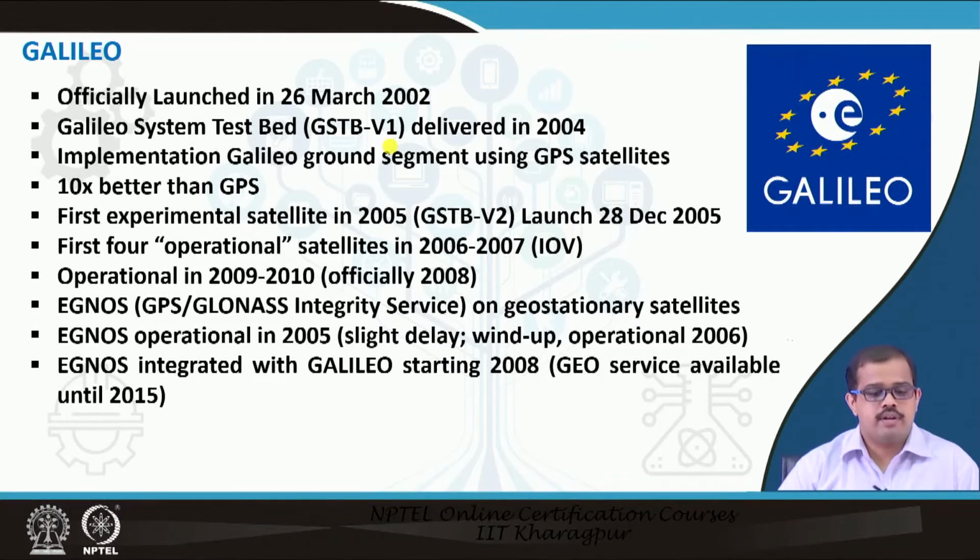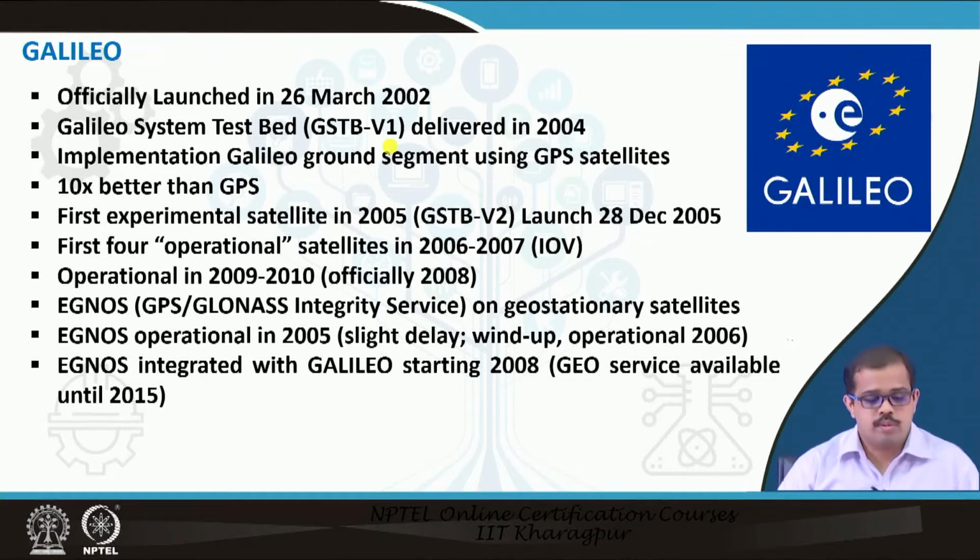When we started integrating with the GPS satellites, it had 10x better signals than the GPS system alone. The first experimental satellite in 2005 was launched with GTS TB-V2. So it started with the first testbed, then the experimental satellite in 2005, and a later one was launched on 28 December 2005.